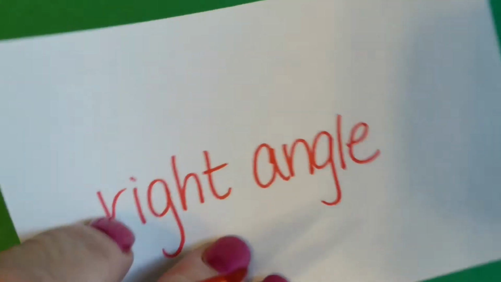A right angle measures exactly 90 degrees.